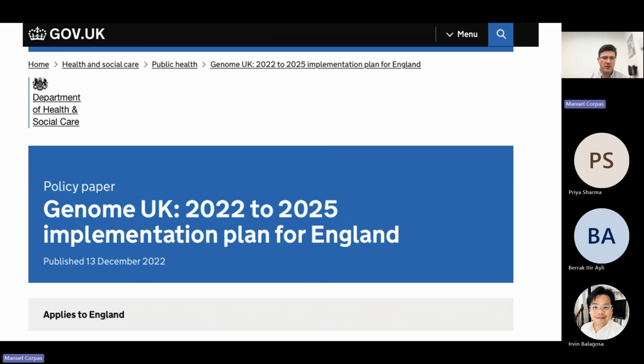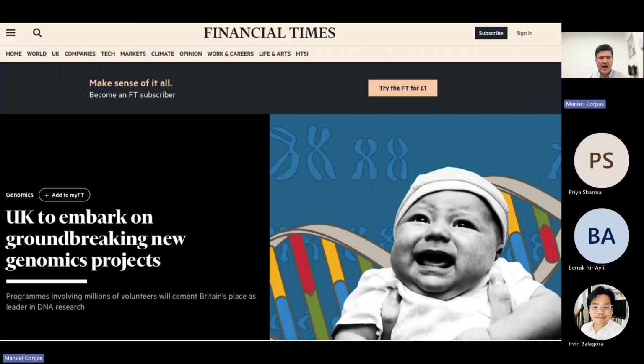After that, we've had Genome UK, where the investment into the genome for the whole population has been continued, and it will be continued. And as of today, the big initiative now being managed, I think it's called Generation Genome, is sequencing 100,000 newborn babies across the whole of the United Kingdom.